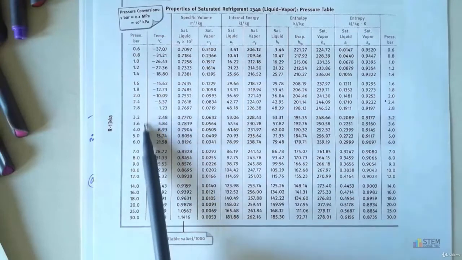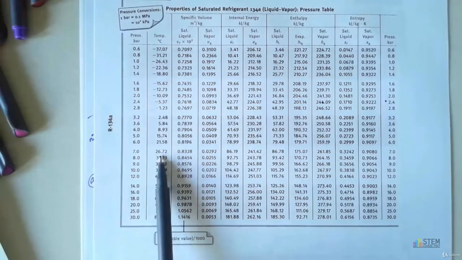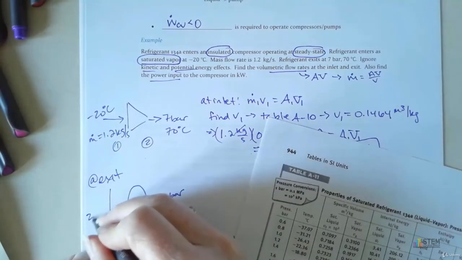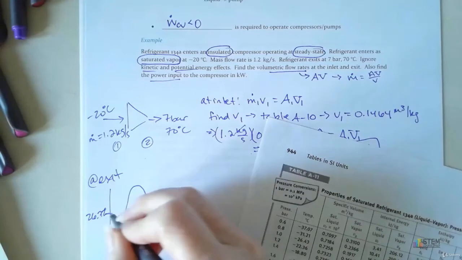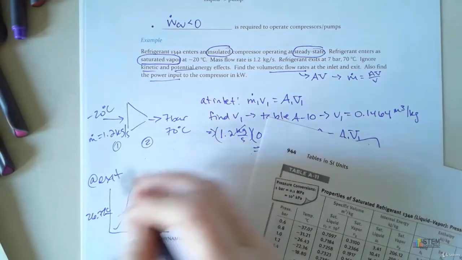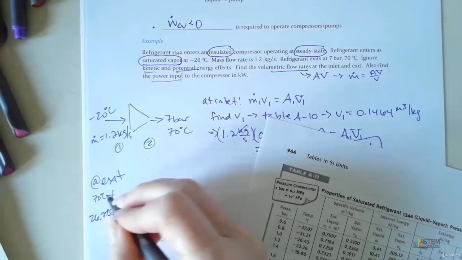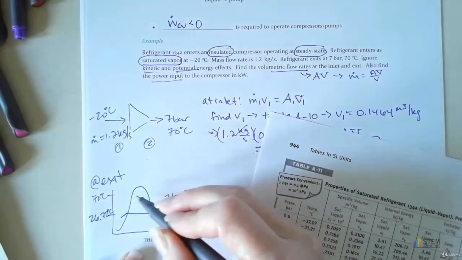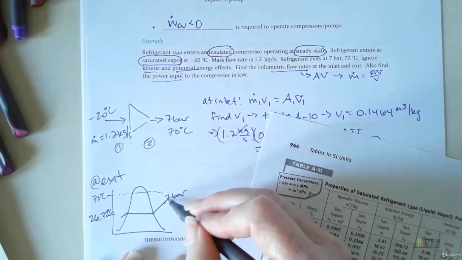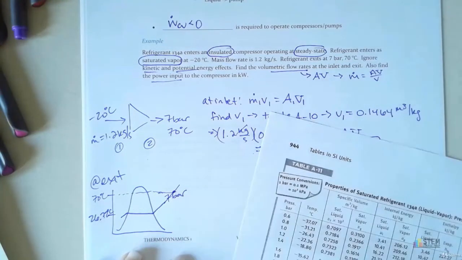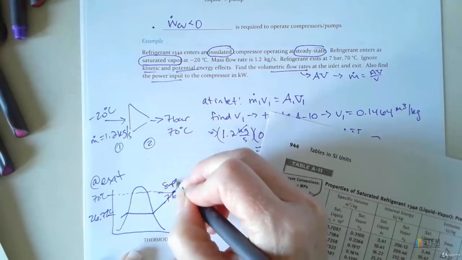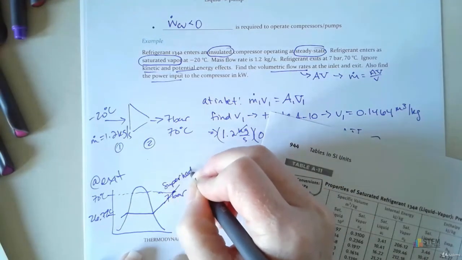At 7 bar, we have a saturation temperature of 26.72 degrees Celsius. Now we said we're at 70, so we're way up here somewhere. Obviously, in order for this to intersect with this pressure right here, this means we are superheated vapor.